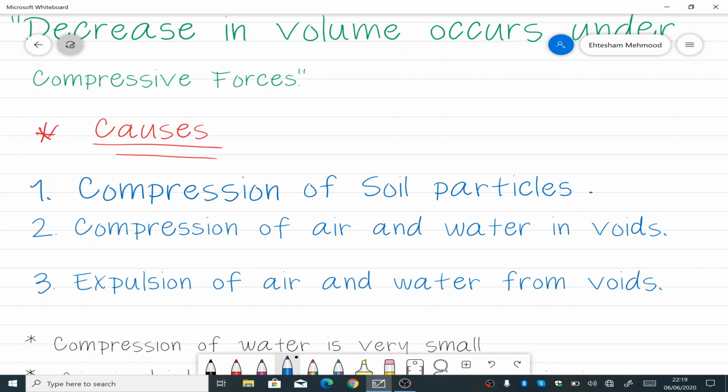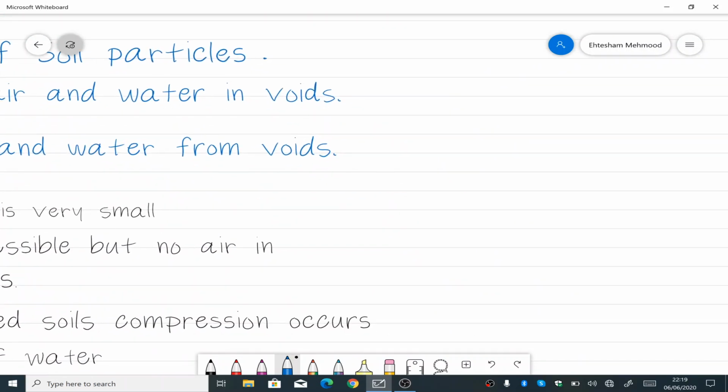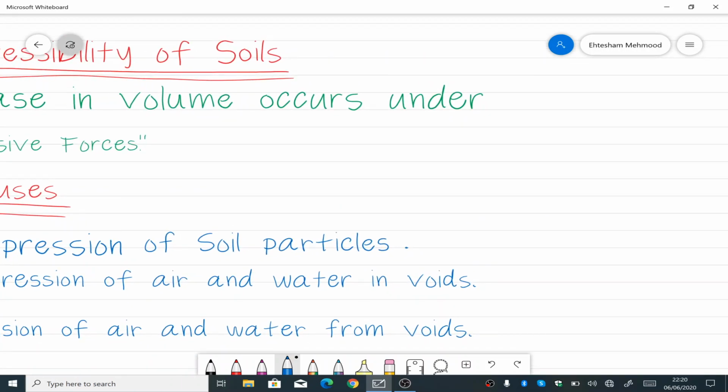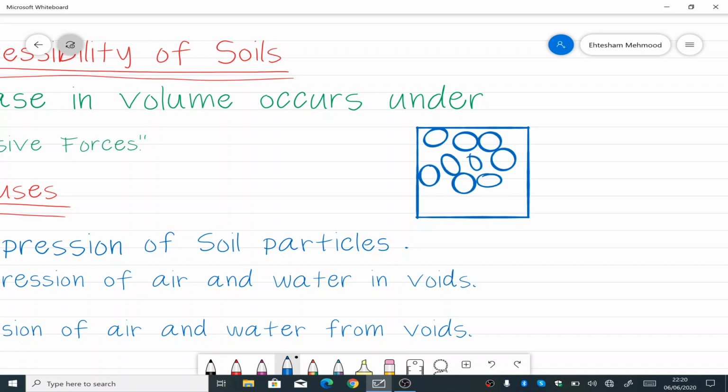We already know that soil is a three-phase system, as we discussed in our class, and we have a picture here. If I draw a little picture of a three-phase diagram, this is in general how soil particles are inside. These round things are the soil particles, the spaces in between are the voids, and these are the solid particles.